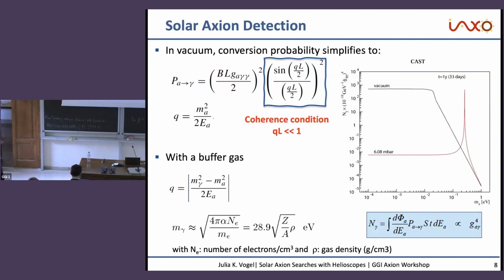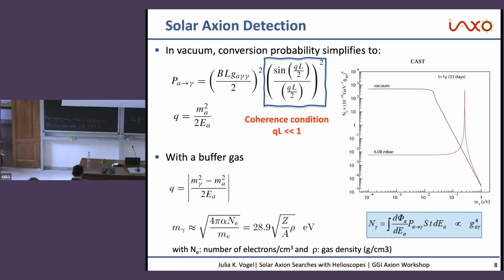We fill it with a buffer gas. So again, here on the right side, you can see that vacuum case. This is the number of photons from axion conversion at a certain mass. In the case of CAST, this is at about 0.02 eV. We lose coherence, and we're not very sensitive anymore. So we fill the magnetic field region with a buffer gas.